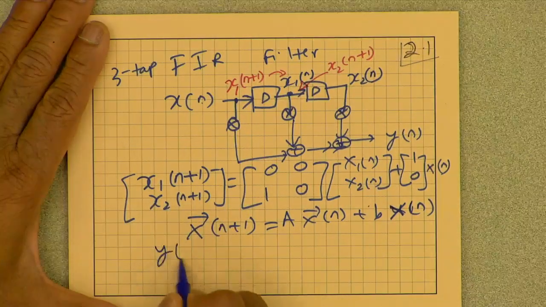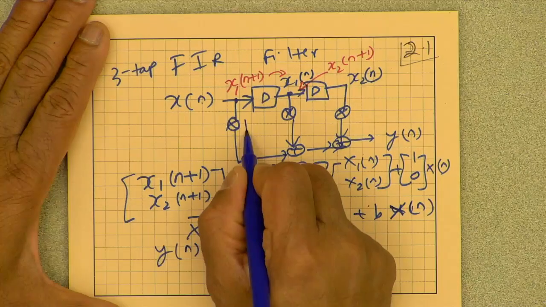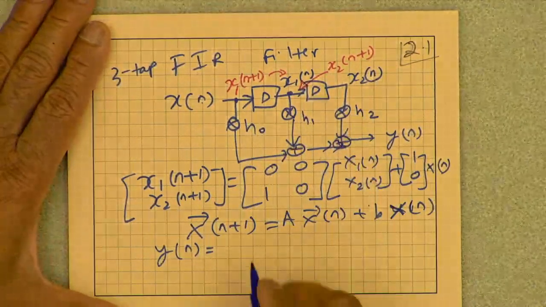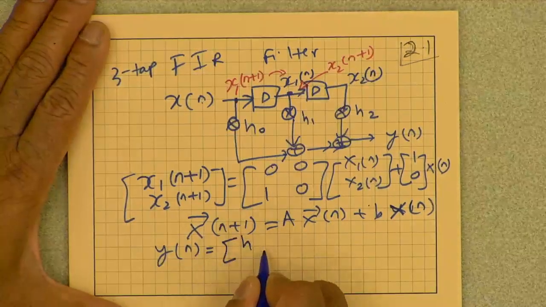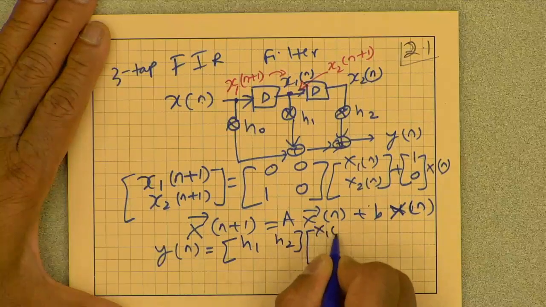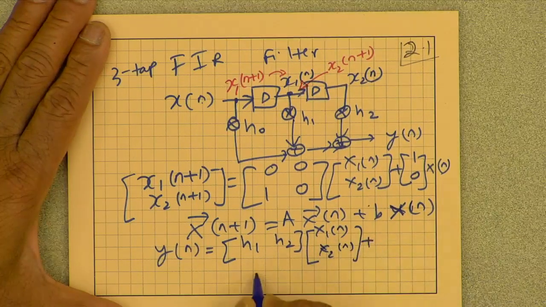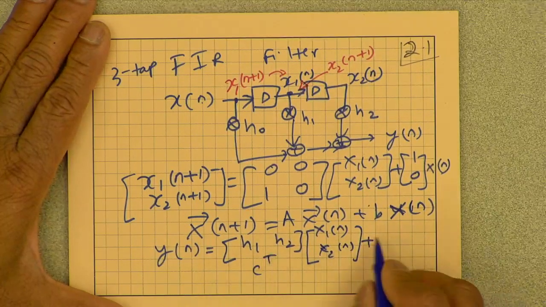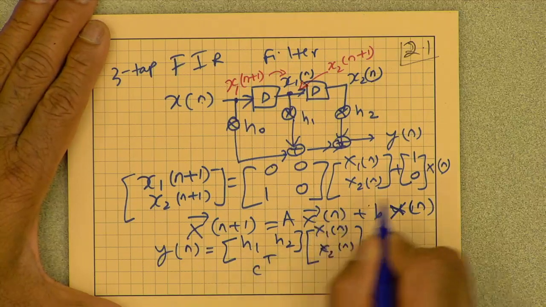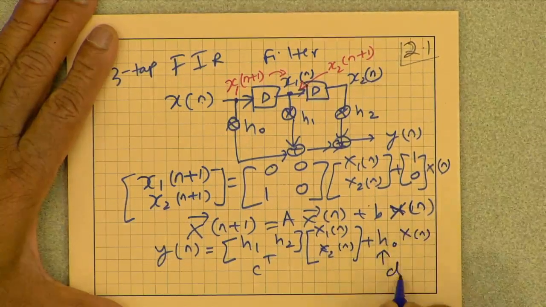So the output y is C transpose times the state vector. If we call these weights h0, h1, h2, this is h1, h2 times x1 and x2 n, plus d, which is here h0 times xn. So that's d.